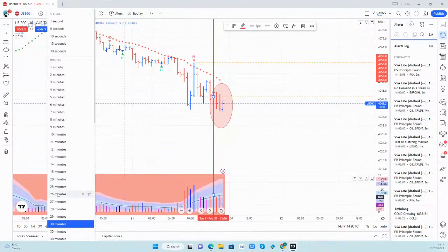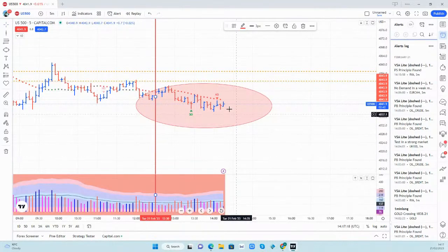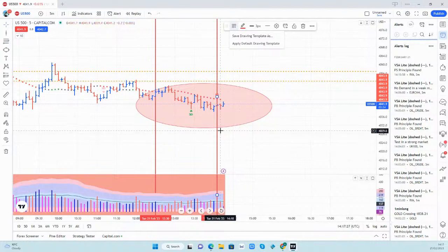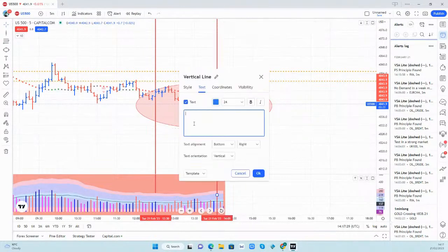Now if I go down to the lower time frame, say we go to the 5 minutes chart, got no demand there. So if I put that there, I'm going to put 5 minutes no demand. Okay, we know the solid lines are usually no demand, so I just put 5 minutes.